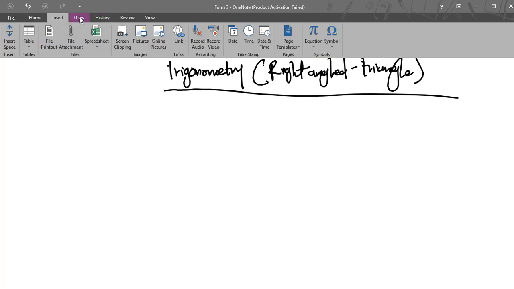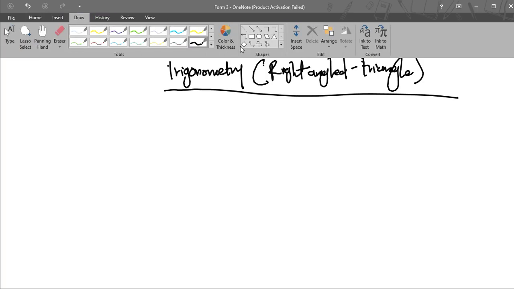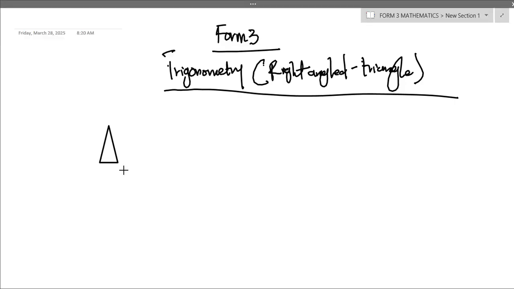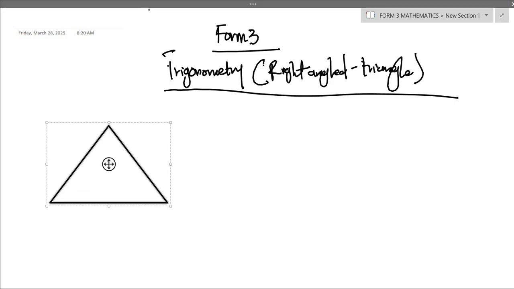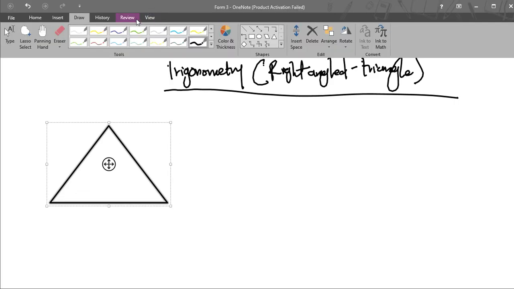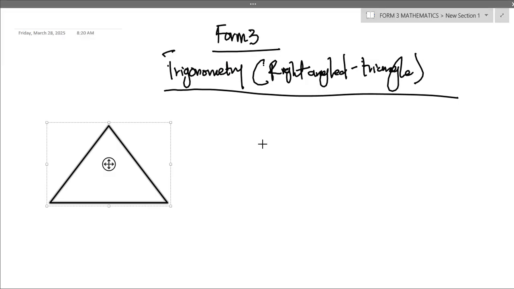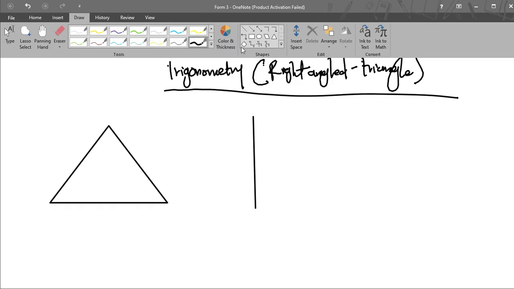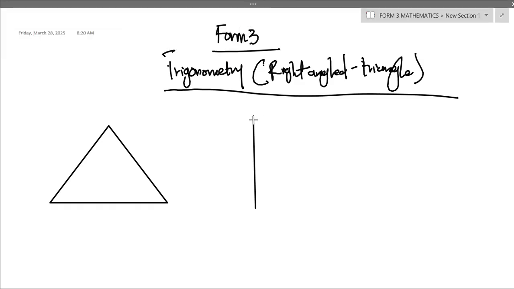Let's insert shapes. This could be an isosceles triangle or an equilateral triangle. Then let's draw our right angle triangle over here.